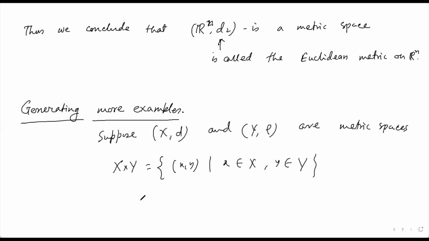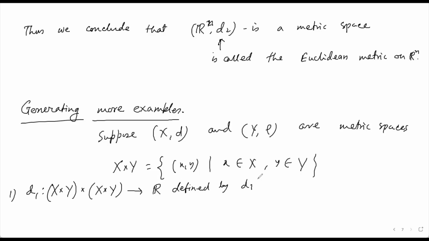Now we define a few functions. d1 from X Cartesian product Y cross X cross Y to R, defined by d1 of ((x1, y1), (x2, y2)) equal to d of (x1, x2) plus rho of (y1, y2).